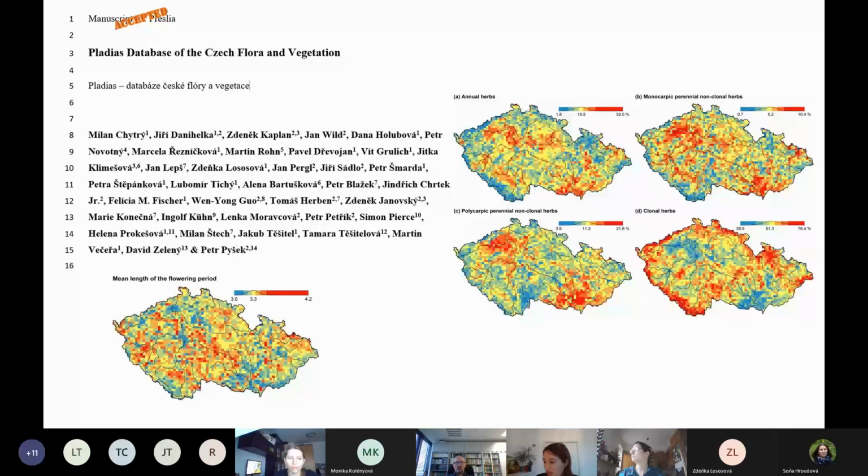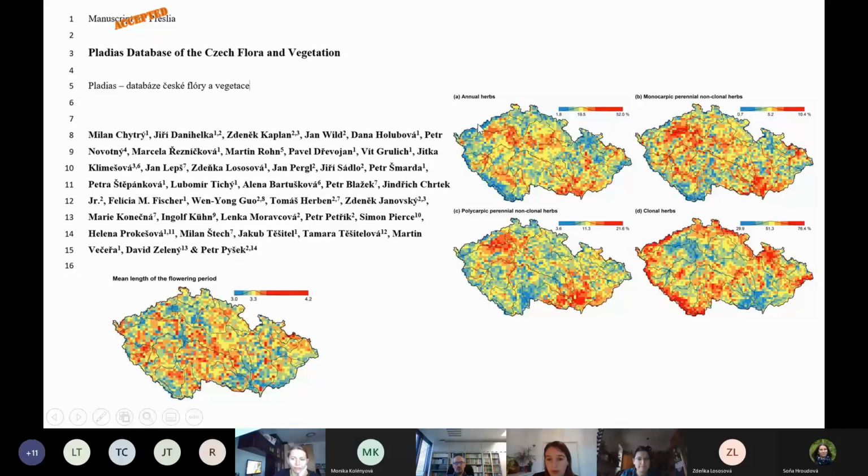So this is when I got presented to this paper. It was still being written at the time. Now it's accepted. This paper shows all the nice data we have in the Palladia's database. And in this paper there are many of these colorful maps, showing for each one of the traits the means of the traits in the cells.